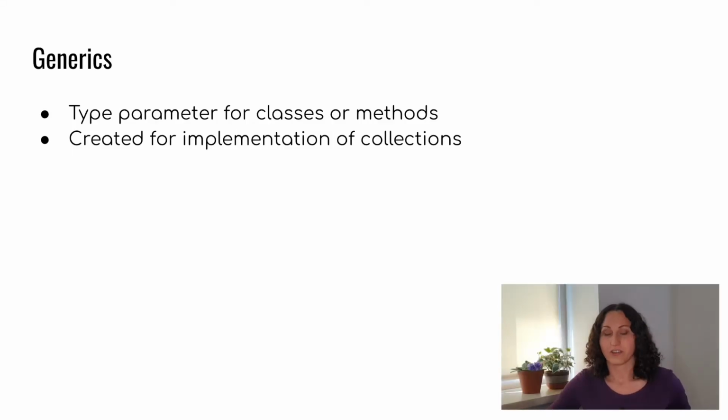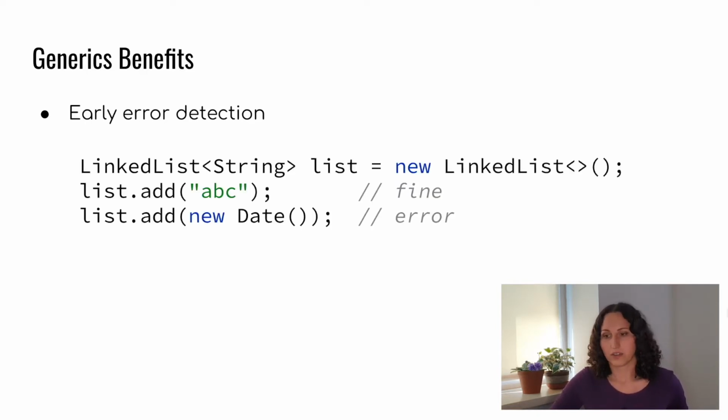First, generics is a type parameter for classes or methods. Originally, they were created for implementation of collections. For example, you have some collection, for example, linked list, which takes string objects, and if you use generics, the compiler will allow you to add new string elements to this collection.